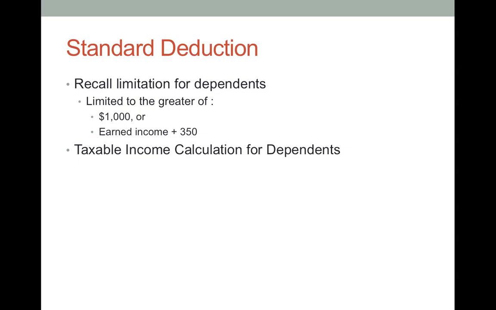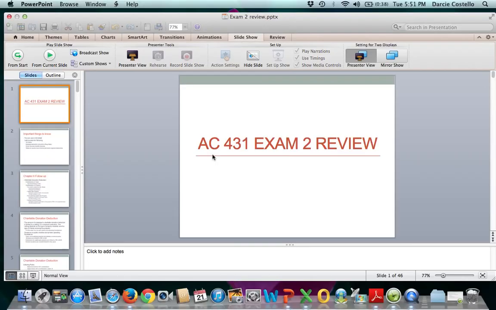Then also make sure that you can use that tax formula to tell me what their taxable income is. Okay, so basically you're just going to pop in the standard deduction, and remember, if they're a dependent of someone else, then they get zero personal exemption. Okay, so those are the things you need to remember when you calculate their taxable income. But review that in-class problem. If you have any questions, stop by.